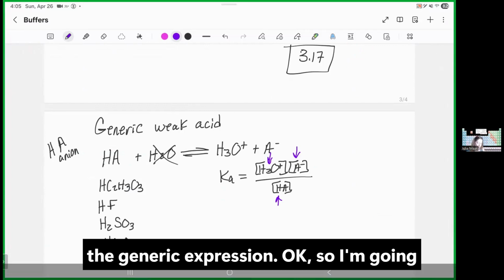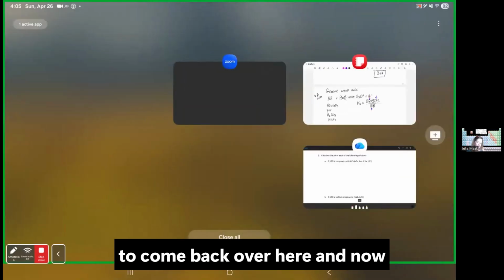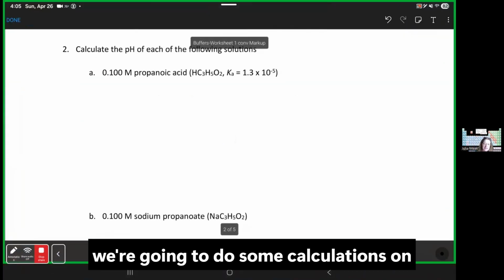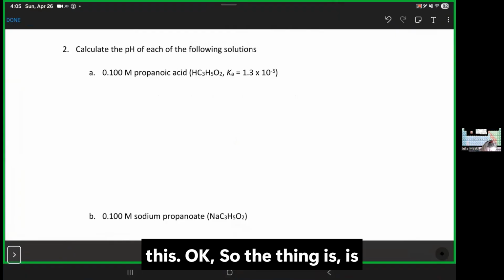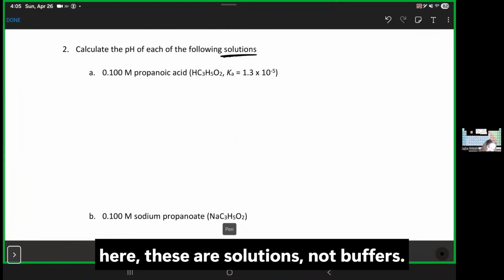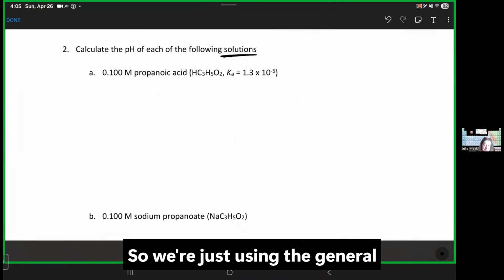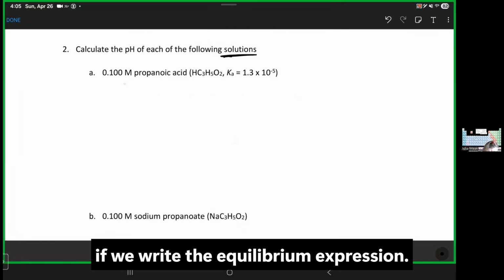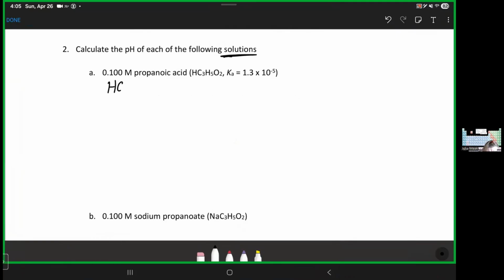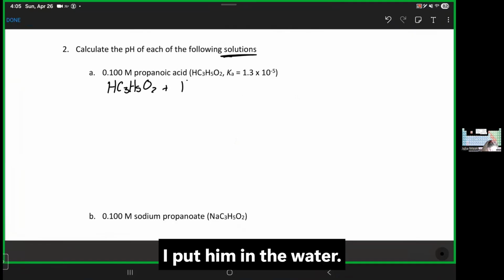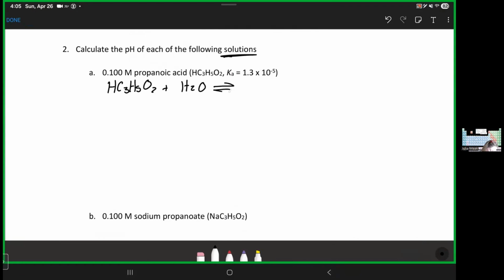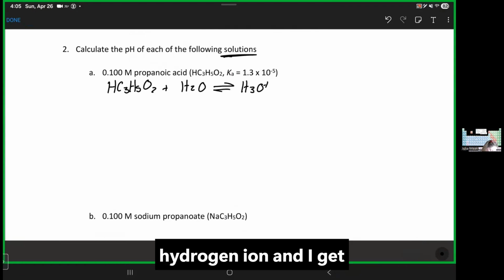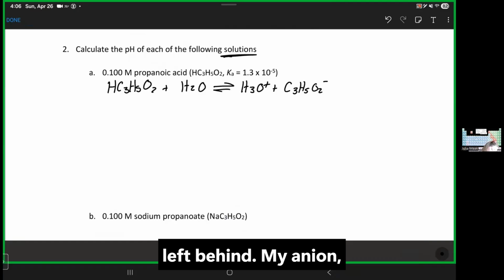Okay, so I'm going to come back over here, and now we're going to do some calculations on this. The thing is, these are solutions, not buffers. So we're just using the general equilibrium expression. If we write the equilibrium expression, I put it into water. It's at an equilibrium. Water accepts that hydrogen ion, and I get left behind my anion.